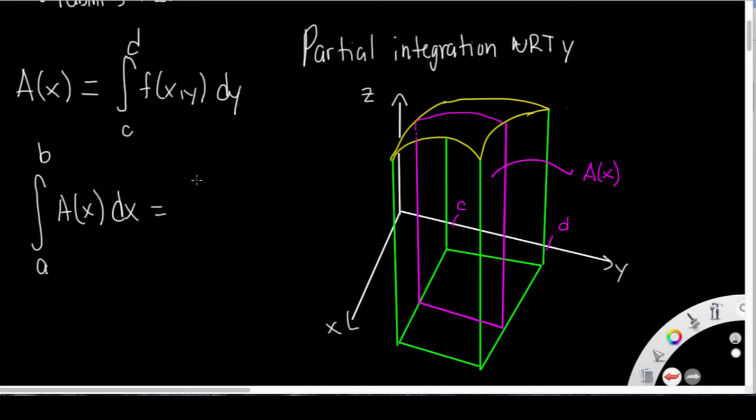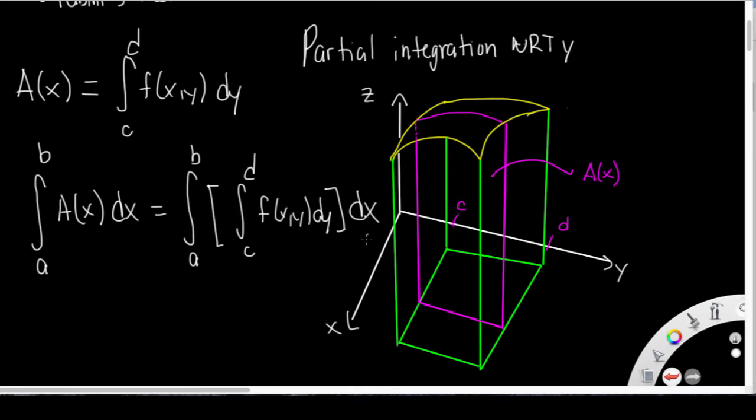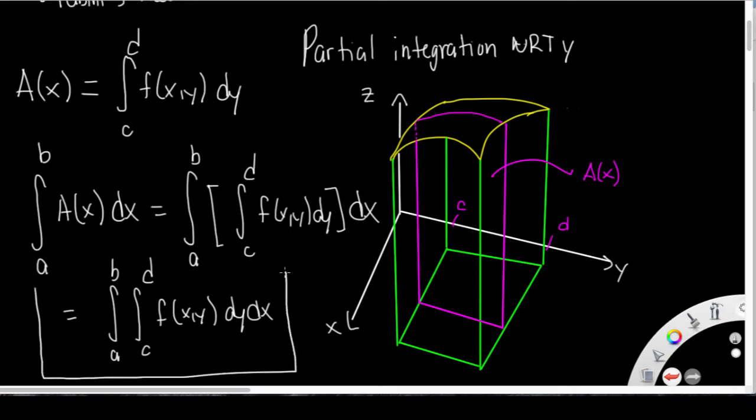And so I'll have to do it on this right-hand side, and I'll bracket off this part from c to d of f of x, y, dy, and finally dx. And omitting the brackets, the double integral from a to b and c to d of f of x, y, dy, dx. And this here is the definition of an iterated integral.